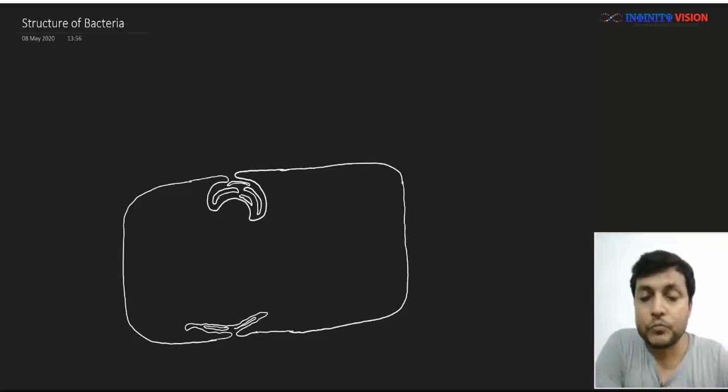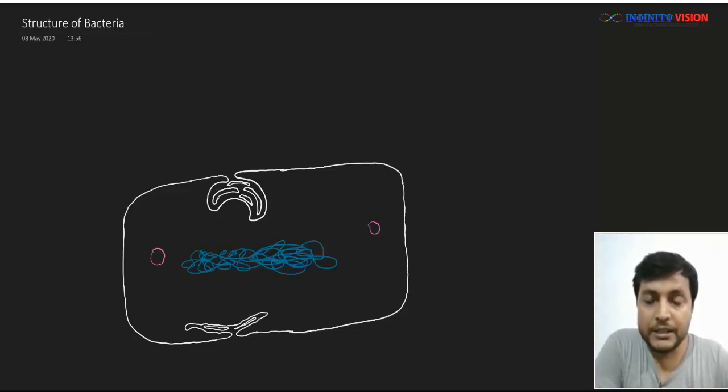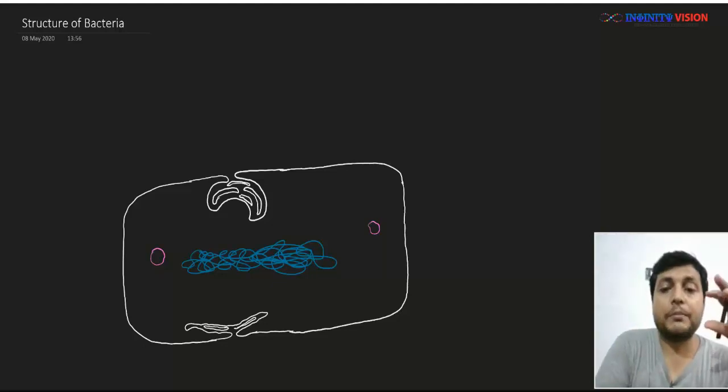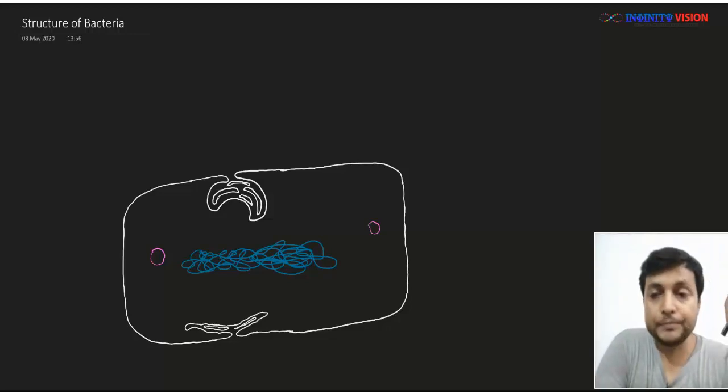Great. Now, apart from this inner cell membrane, inside the cell membrane there is a fluid, and this fluid is called cytoplasm or protoplast. Within this, we find DNA, the genetic material.